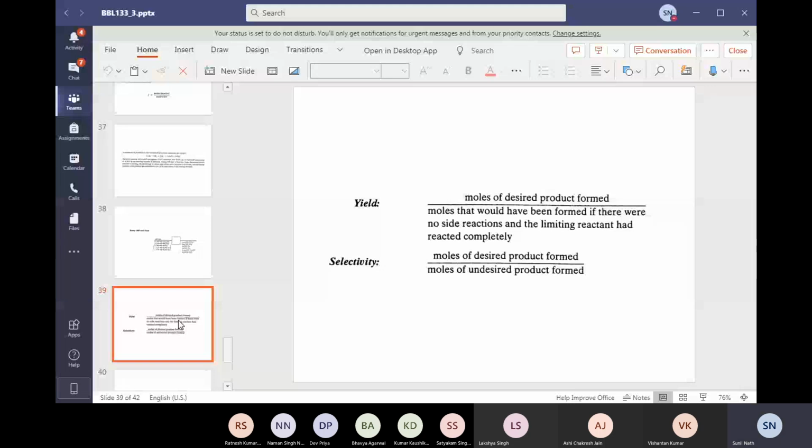It's a very nice definition, I think. But the reaction engineers, they don't like this definition at all. This is fine for our mass balance purposes. What they say is, I am interested in how much limiting reactant is consumed.